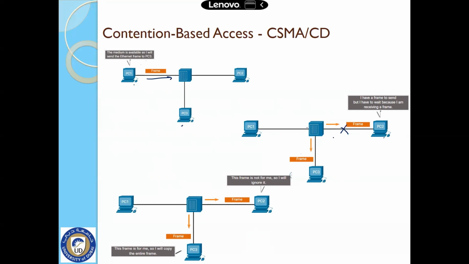To avoid a collision, PC2 will wait until the transmission is finished. So PC2 says, I have a frame to send, but I have to wait because I'm receiving a frame. Both PCs will receive the message, but then PC2 realizes that this message is not meant for it, so it discards it. PC3 will take the message because it is the actual destination. So that is collision detection, and that's mainly for bus topology.